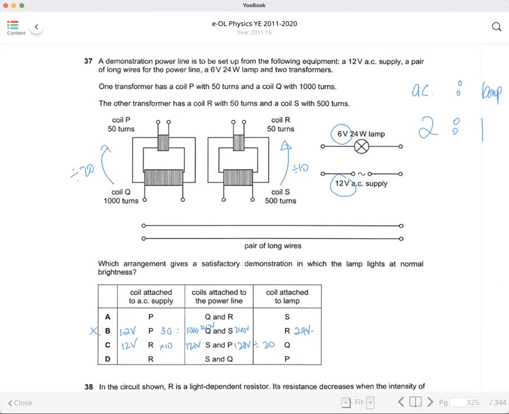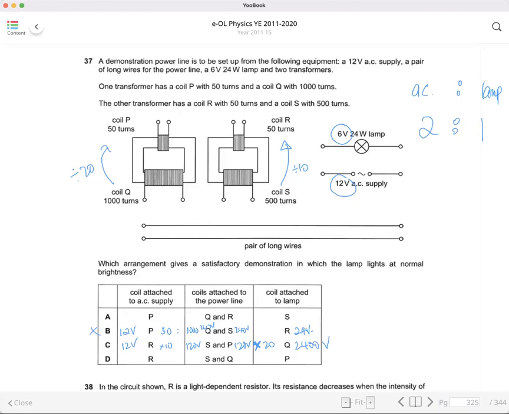P to Q, I multiply by 20, and I will get 2400 volt. So for Ryan, if you choose C, you get 2400. Wrong, you need to get 6 volt. So what is the answer for this? The rest of you, what's your answer?